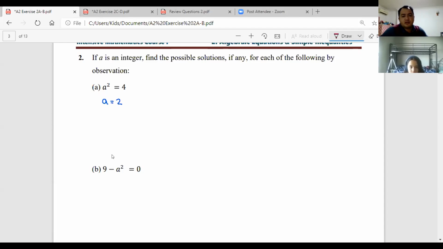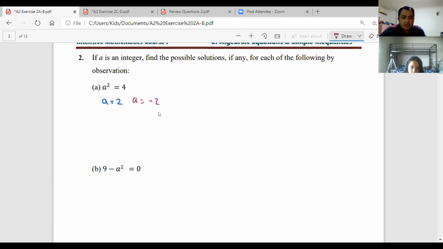So now, what number squared is 4, Shahina? 2. Only 2? How about -2? Can you write -2 squared? Oh, that is true. So we have two possible answers, right? Because -2 times -2 is also 4.